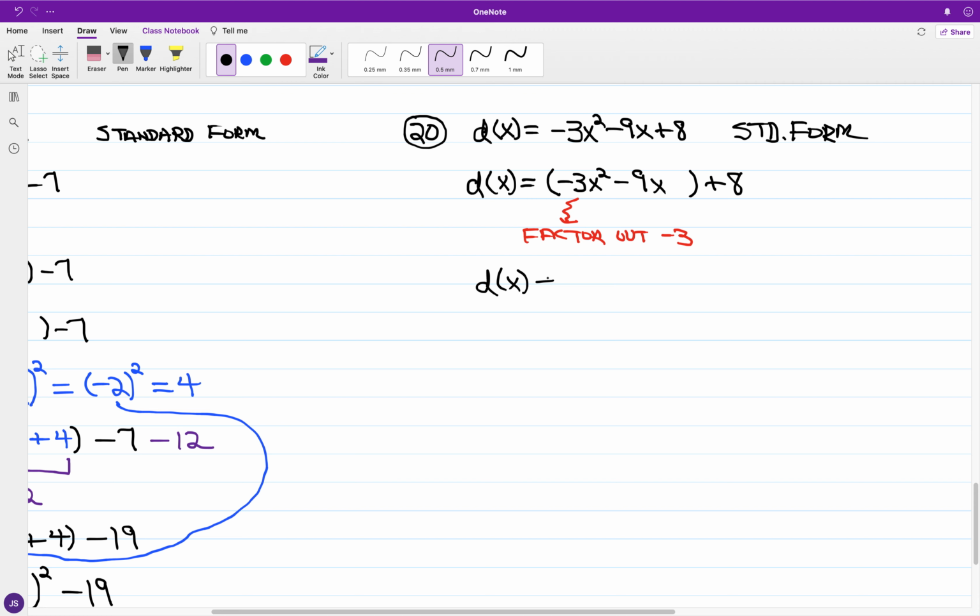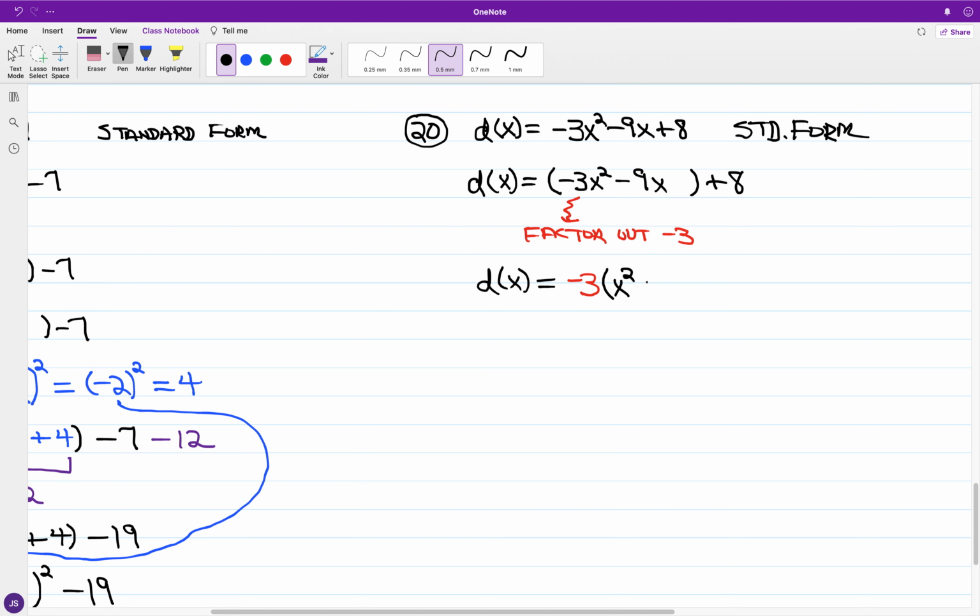So for d of x, now we have negative 3 times the quantity x squared. Now negative 3 into negative 9x, that's going to be a positive 3x. And once again, we have followed by the addition of 8. So you can double check: negative 3 times x squared is negative 3x squared. Negative 3 times 3x becomes negative 9x. And again, we have plus 8.